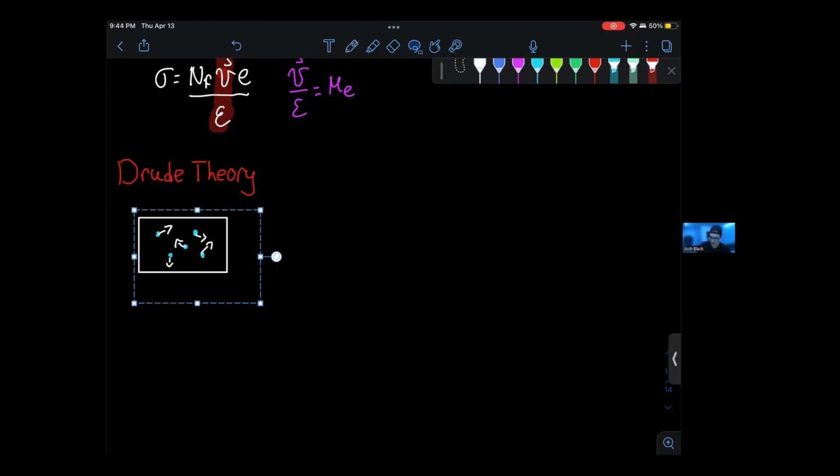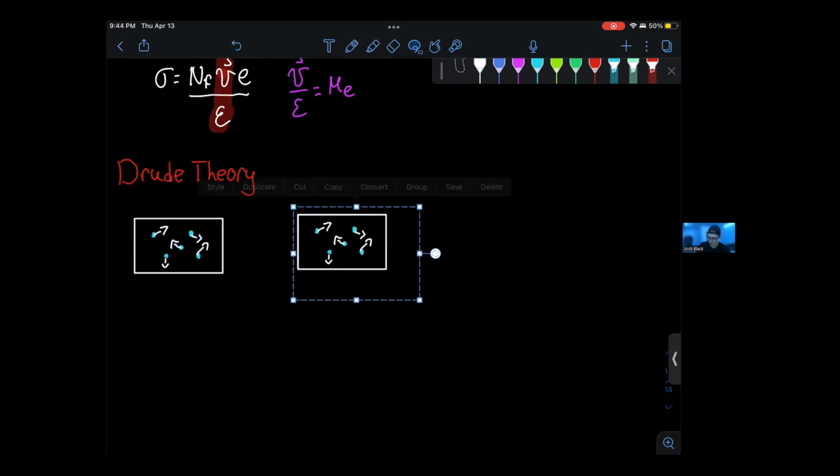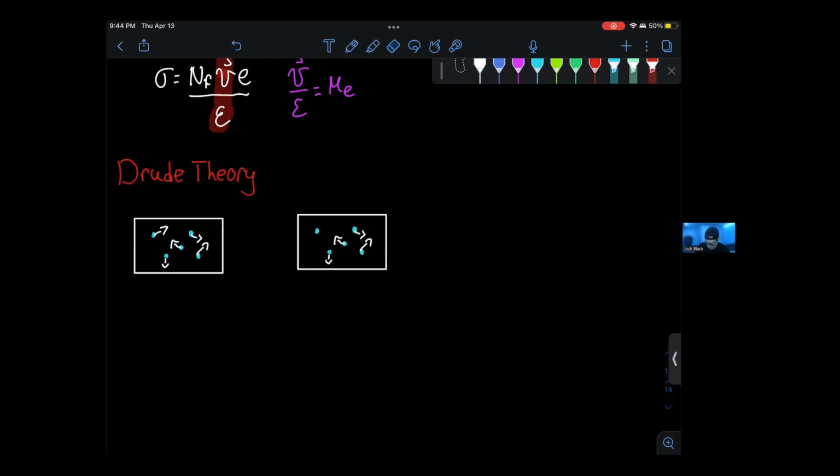As soon as we apply a potential in this plate here, say a potential that looks like this, this side being negative and this side being positively charged, we know that the electrons want to go from the negatively charged side to the positively charged side.